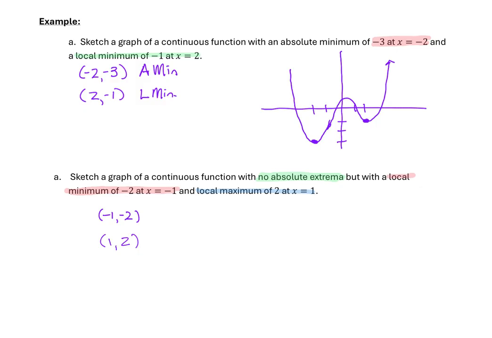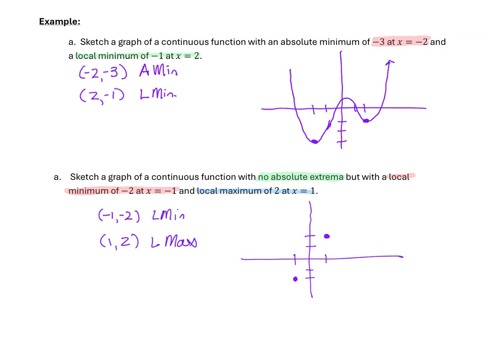All right, so if we go ahead and plot these two points, we have -1, -2. We have a point of 1, 2. Okay, and remember this is a local min, and this is a local max.